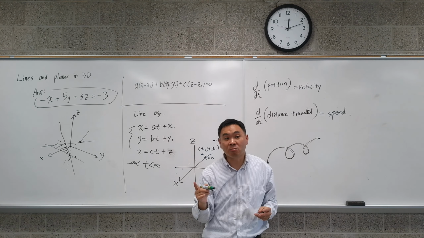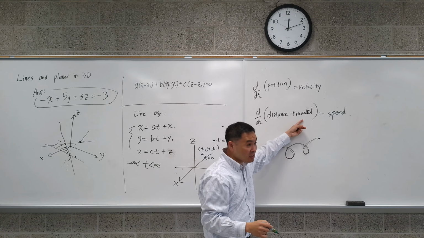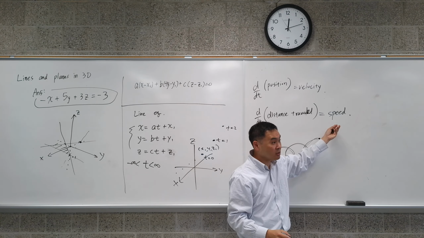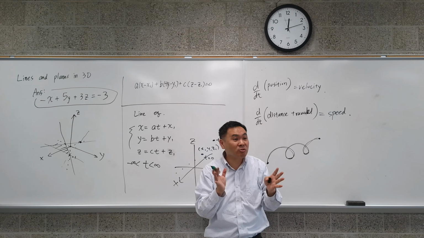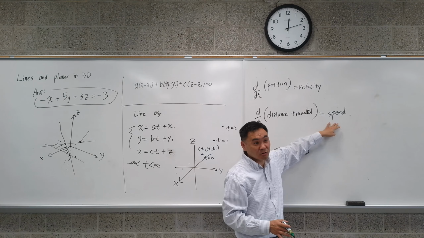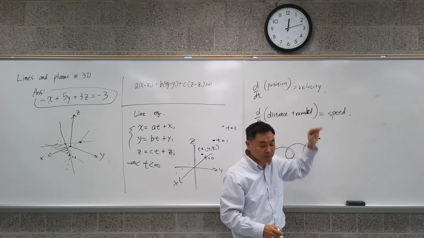So it'll be a single number. And because this is a scalar, if you differentiate, you get a scalar value. It does measure how fast you're moving, but it's a scalar. So what is that? That's speed. So you have to know these two differences, right?